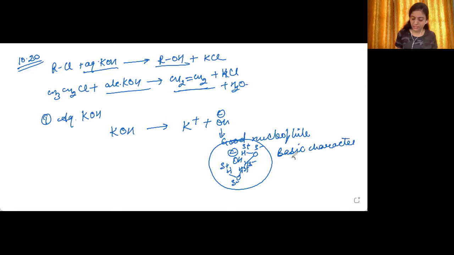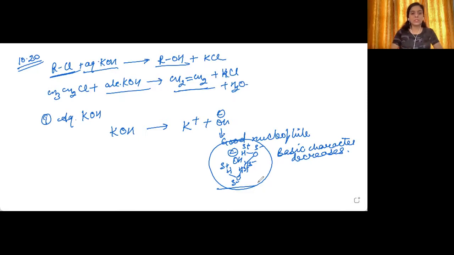Now, because the basic character is decreasing, it cannot abstract the proton from the beta position. It will not be able to abstract proton from the alkyl halide molecule. So it can only act as the nucleophile. So it just replaces the halide from the alkyl halide and leads to the formation of alcohol.